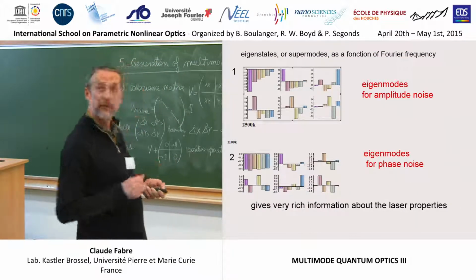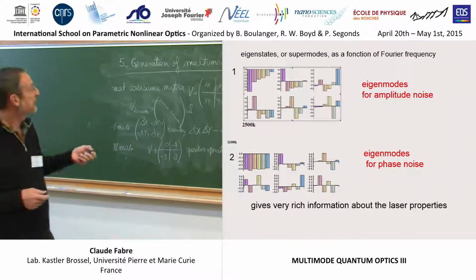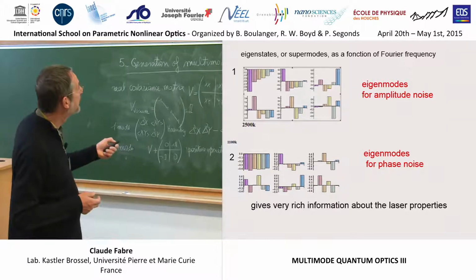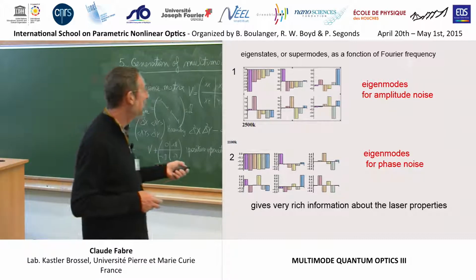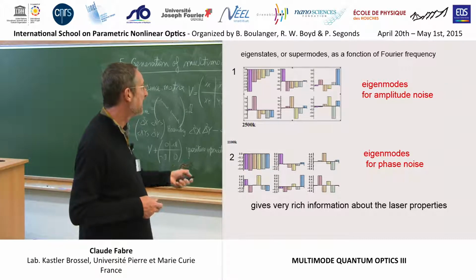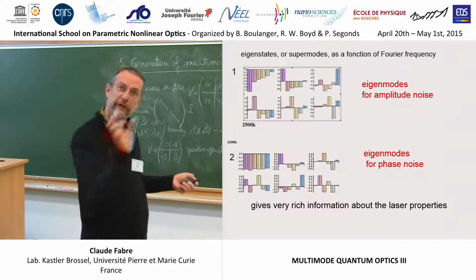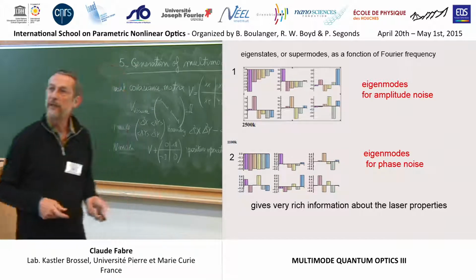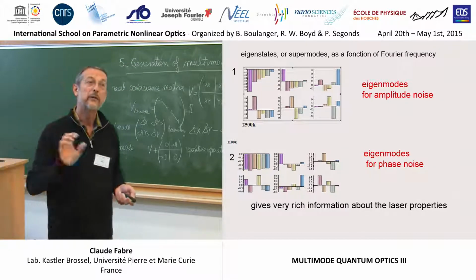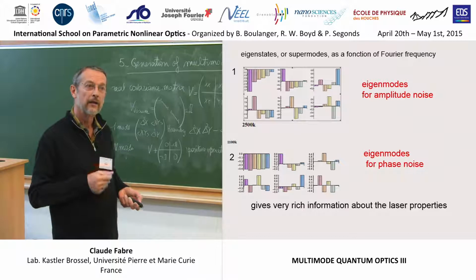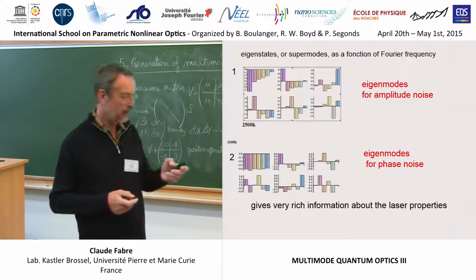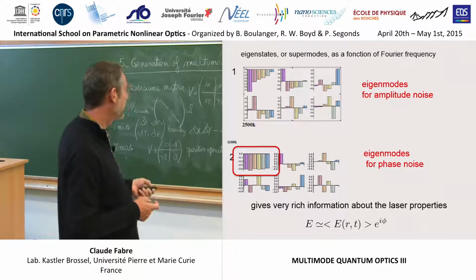As far as the shape of these eigenmodes is concerned, you see that the first one, so for amplitude noise, you have this shape. We're not going into the detail. Perhaps it's more interesting to look at the eigenmodes for phase. You remember the first one was really dominant, and the first one is this one. It has almost the same projection on all the components, meaning that it has the same shape as the mean field. So the dominant noise mode is a mean field mode in some way. And this tells you that you can write things like that.